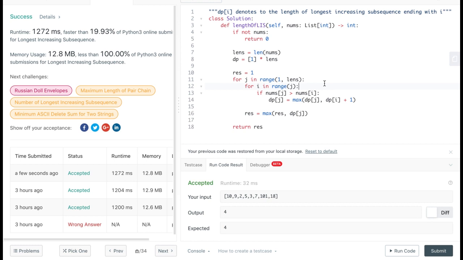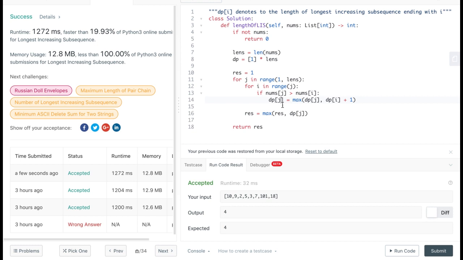The follow-up question is: can we make the space better? Unfortunately, the answer is no, because dp j depends not only on the one right next to it, but also all the ones before j.